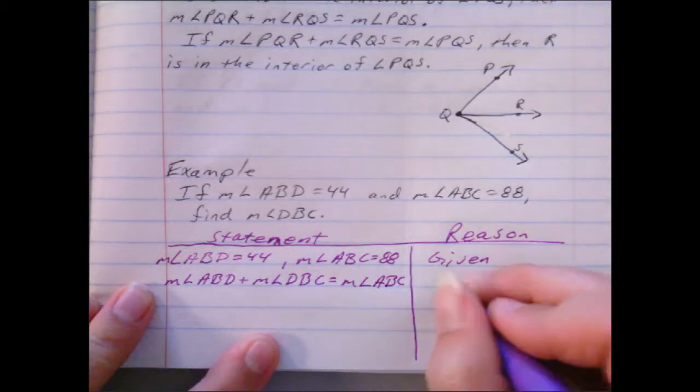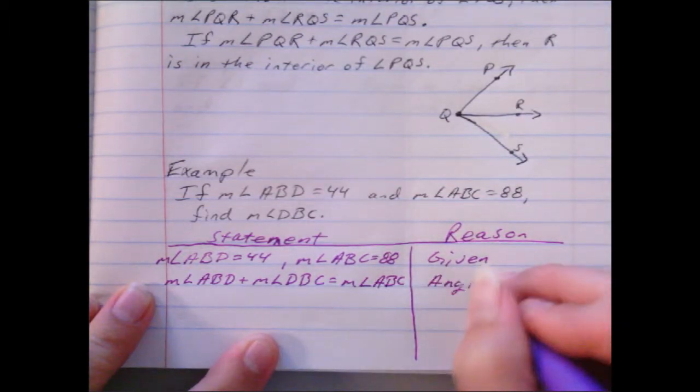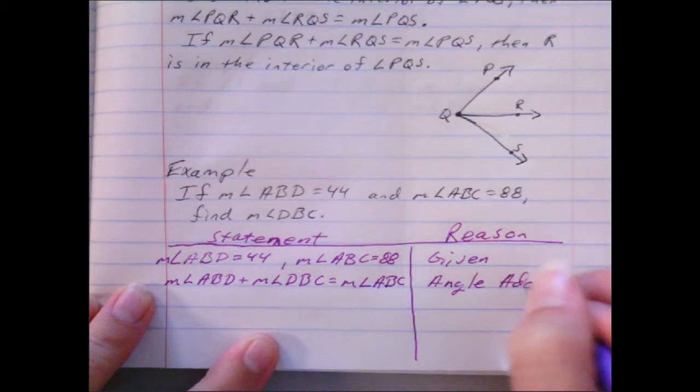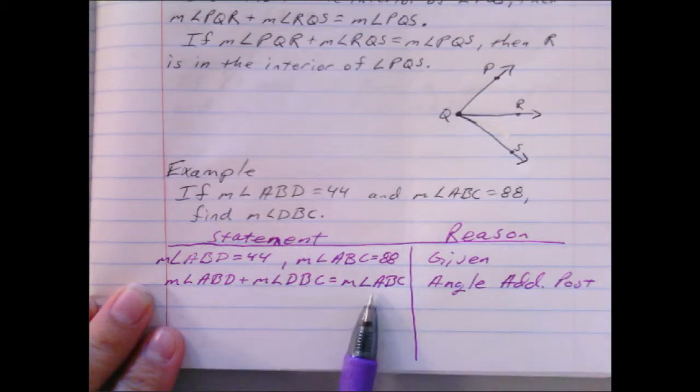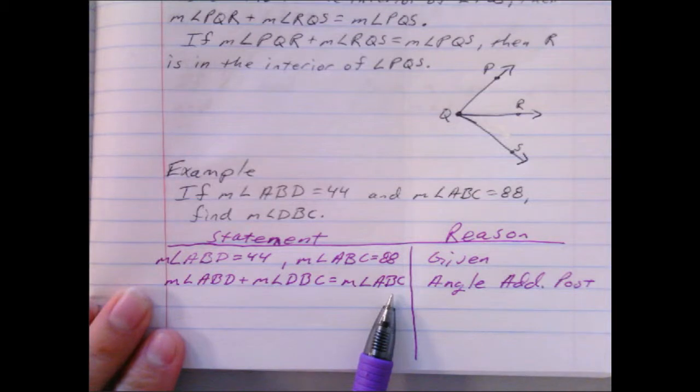Okay, and that is angle addition. We took two smaller angles that have a common ray, this BD, in order to get the bigger one.